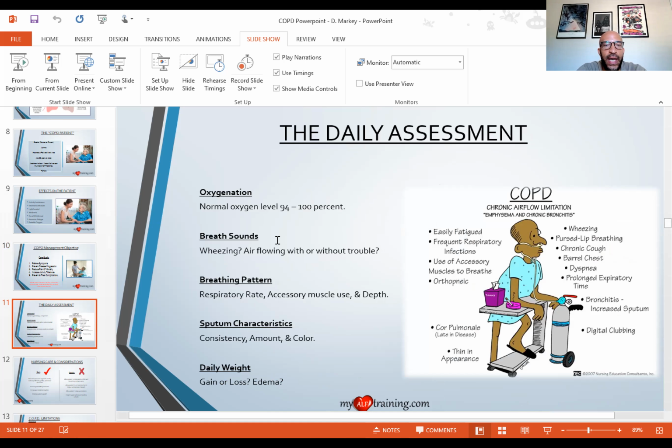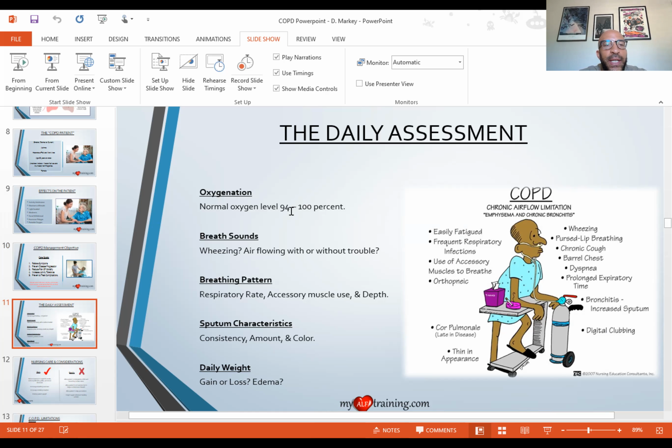What should you assess on a patient who has COPD? Well, it's very easy, we're going to say oxygenation. That's very important. We want to know how well they are oxygenating. And remember, normal levels 94 to 100%. Sometimes doctors, if the patient has an advanced stage of COPD, they may allow for the oxygen level to be 90, 91. Sometimes I've seen as low as 88.